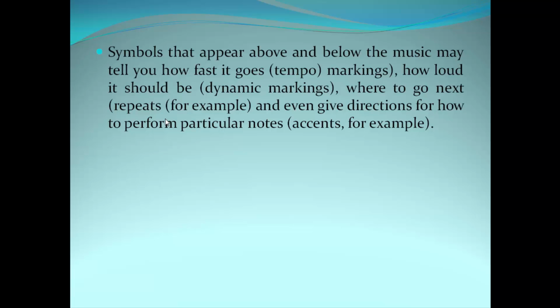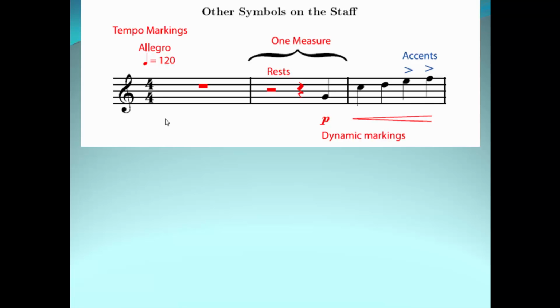Symbols that appear above and below music may tell you how fast it goes, tempo markings, how loud it should be, dynamic markings, where to go next, repeats, and even give directions for how to perform particular notes, accents, for example.